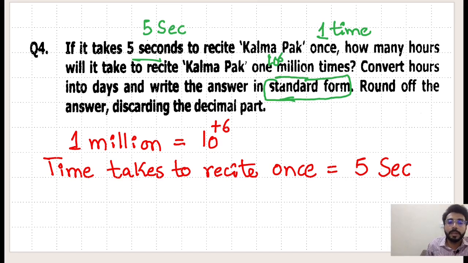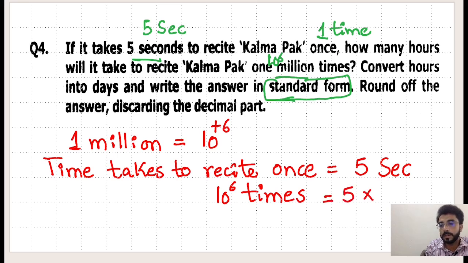Now time taken to recite 10 raised to power 6 times, 1 million times. How much time does it take? It takes 5 into 10 raised to power 6 seconds. Simply you can write this similar.